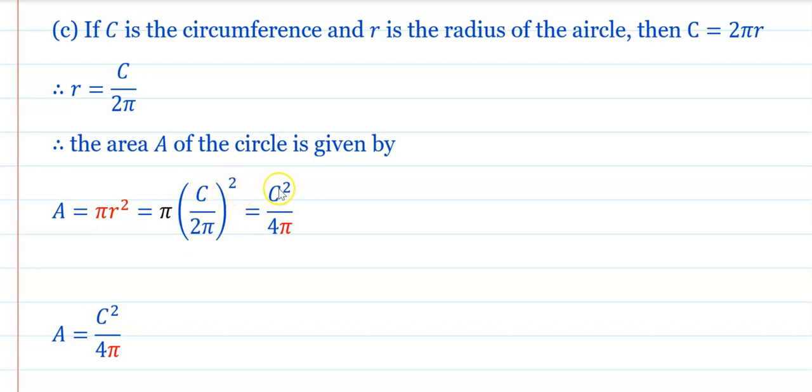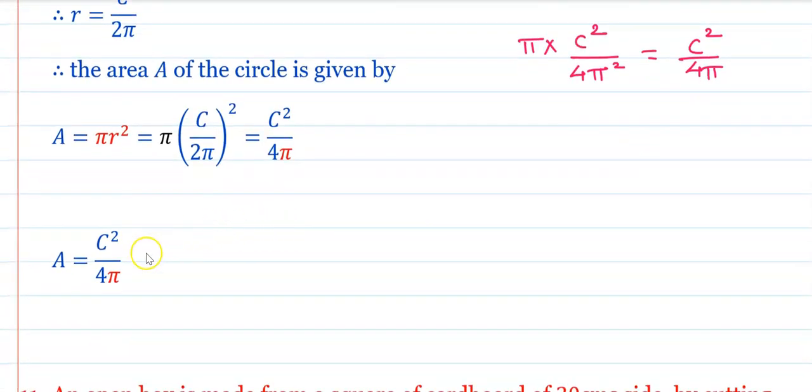That is C square upon 4 pi square. So how much will we get here? This is pi into C square upon 4 pi square. Okay. Then you will get C square upon 4 pi in this way. Therefore, capital A is equals to C square upon 4 pi in this way.